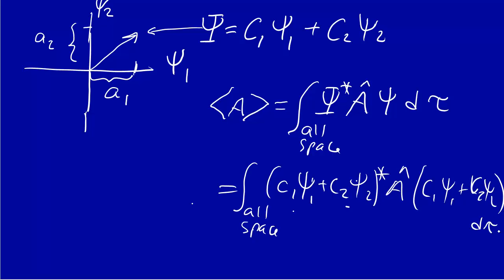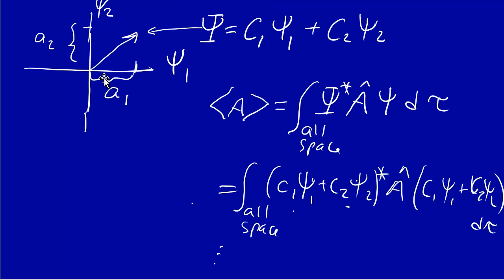And this is integrated over all space. So there it is. We just substituted in what the state of the system is, and we expanded it in terms of these eigenstates. Let me just go dot, dot, dot, and you can follow the details online.